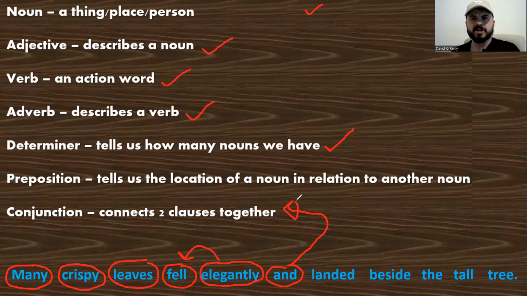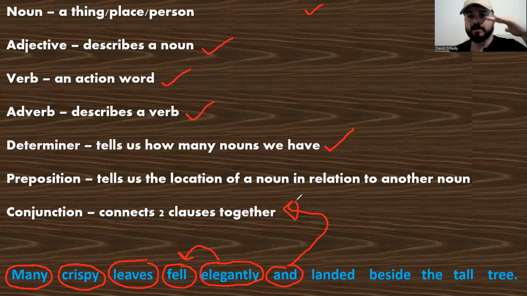It is a conjunction. It's connecting two ideas. It's connecting two clauses. Think about it, right? We've got two things going on here. We've got two ideas. The first idea is that we have leaves falling. And the second idea is that we have them landing beside the tree. The leaves are falling and then they're landing beside the tree. Two things are going on and they're being connected with the word and.